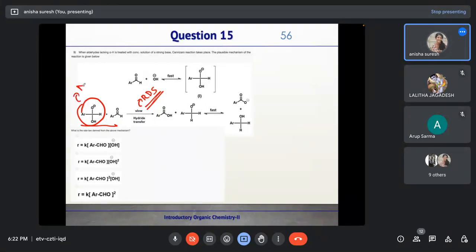Instead they are considering it as a product formed from these two reactants. So we can write this intermediate as ArCHO plus O minus. So these are the three reactants, and these three reactants will give rise to these products. So this is the rate determining step, and hence we can write this as the rate equation. Is that clear?